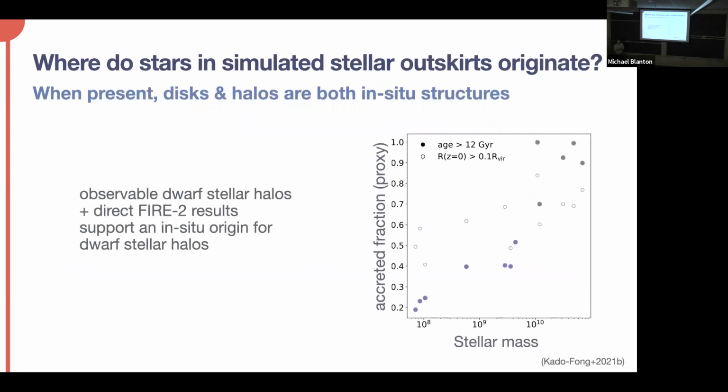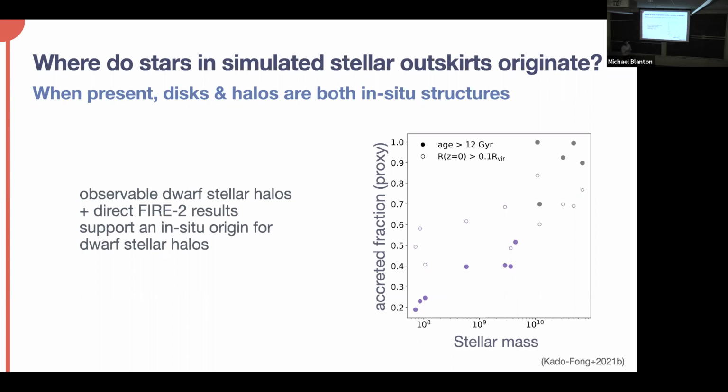So when present, both disks and halos are in situ structures in the FIRE simulation. Here I'm showing stellar mass versus a proxy for the accreted fraction. The filled points are star particles with ages greater than 12 gigayears, and the unfilled circles are all of the star particles with a radius greater than 10% that of the virial radius at redshift 0. You can see that as a function of stellar mass, the galaxies monotonically increase in their accreted fractions in their halos.